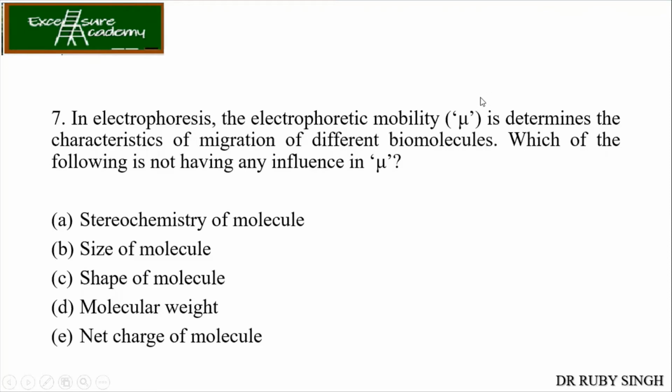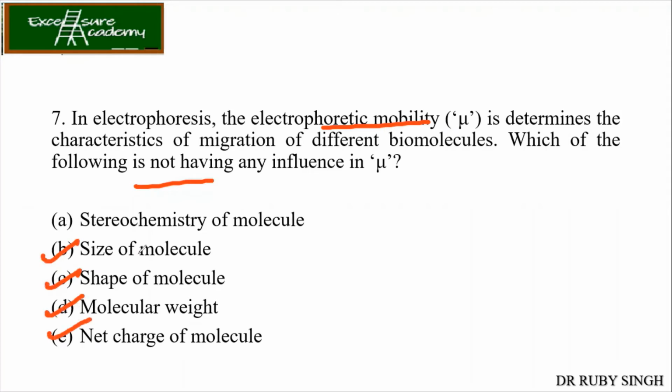Now, in electrophoresis, the electrophoretic mobility mu is determined by the characteristics of migration of different biomolecules. Which of the following is not having any influence on mu? Mu is your electrophoretic mobility, and the question asked is which is not having any influence. Let's see the options: stereochemistry of the molecule, size, shape, molecular weight, net charge of the molecule.